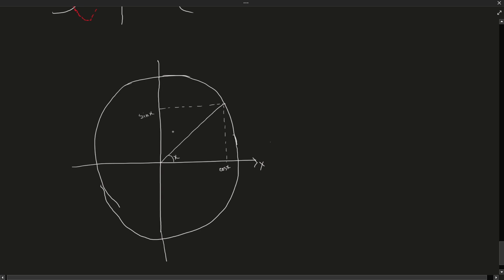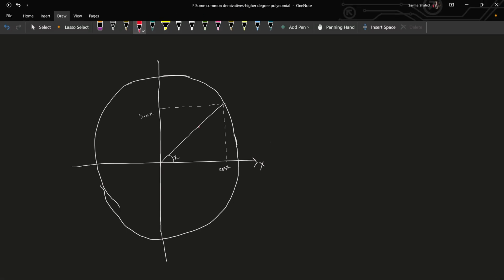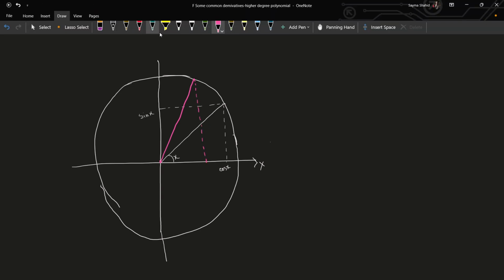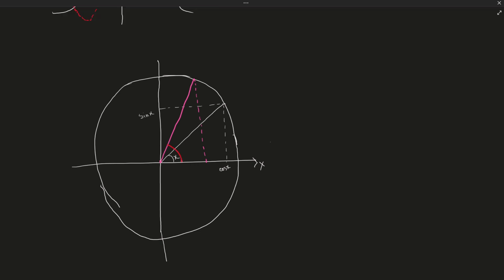Now if I move the angle x a bit more, like this, suppose I increase it by an amount del x.